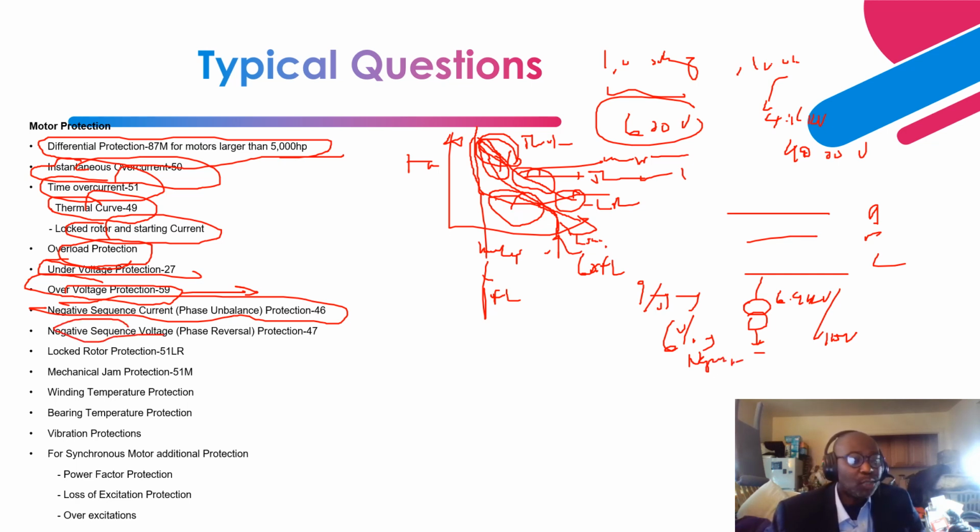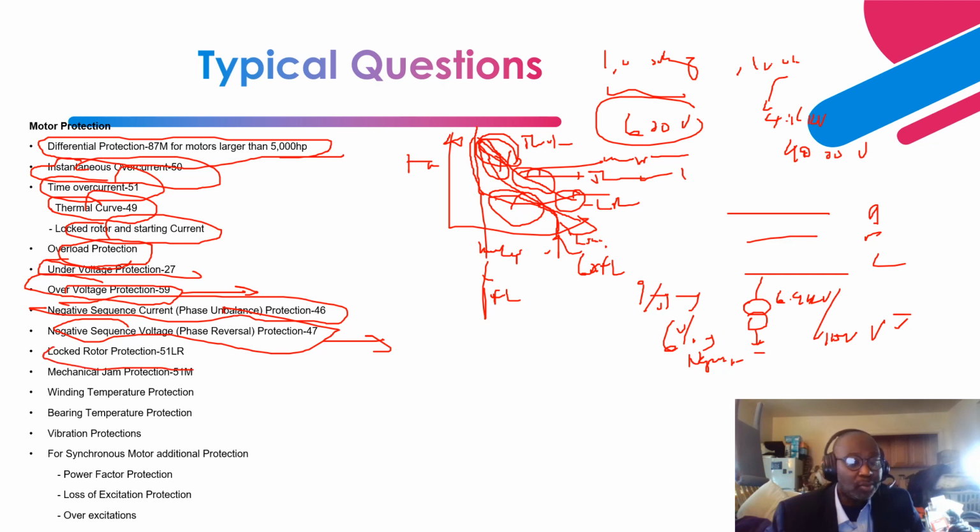Next is negative sequence voltage, and that is based on phase reversal. Let's say a motor is taken offline and maintenance is performed, and for whatever reason there's a phase reversal of wiring, it could be from the VTs and wiring, then that is when this protection element comes into play.